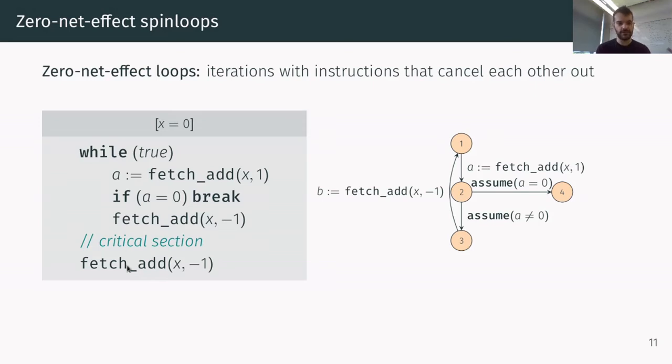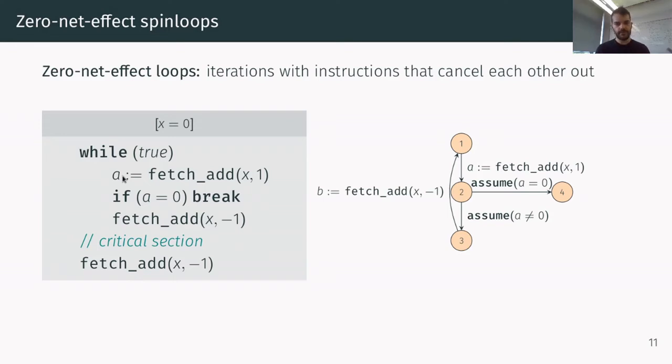And when it's done, it can simply reset X back to its previous value. However, if a thread reads something that's greater than 0, then this means that somebody else has the lock, so it will simply decrement X and then try to acquire the lock again.